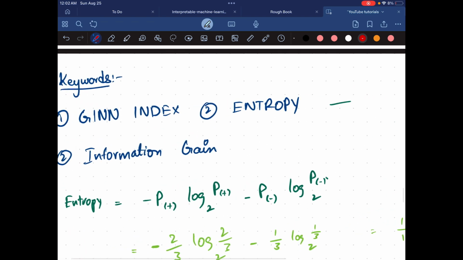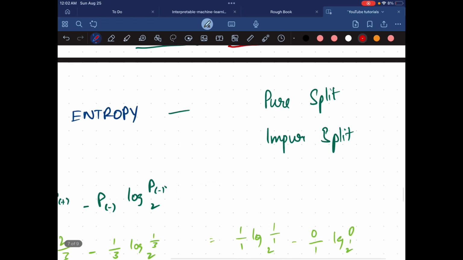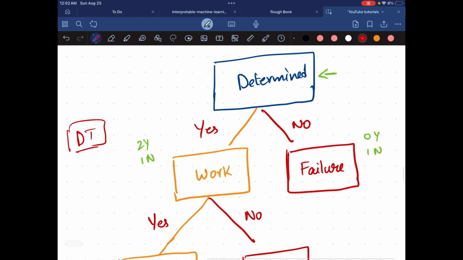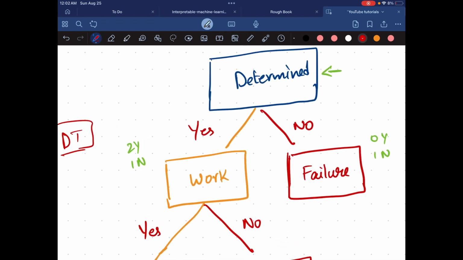One is Gini index, and another is entropy, which tell you the purity and impurity of the split. So what exactly do we mean by pure split and impure split? Let's get back here. First things first, you took determined, yes if he's determined, no if he's not determined, right?